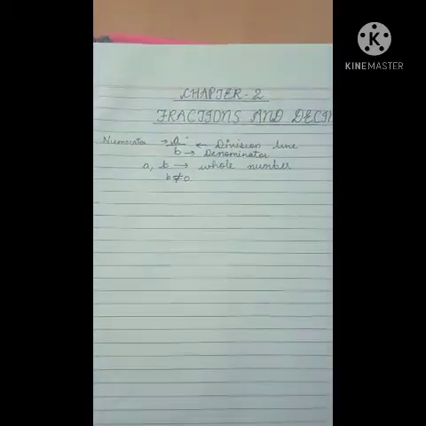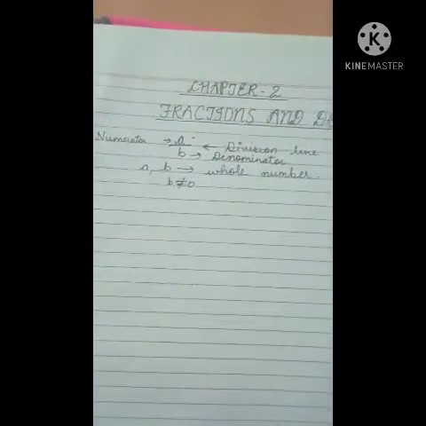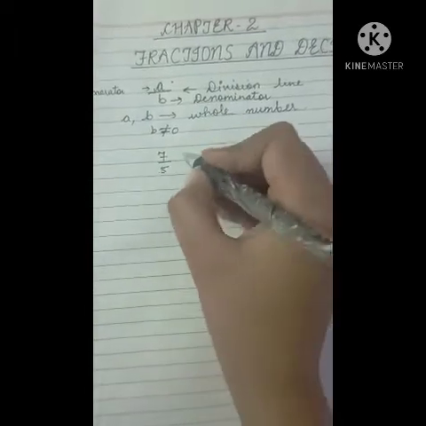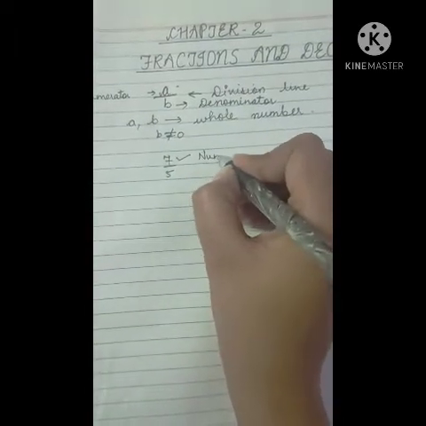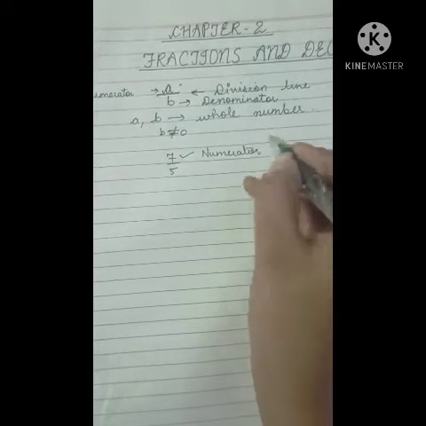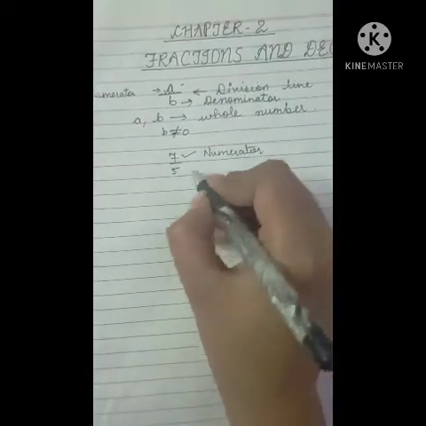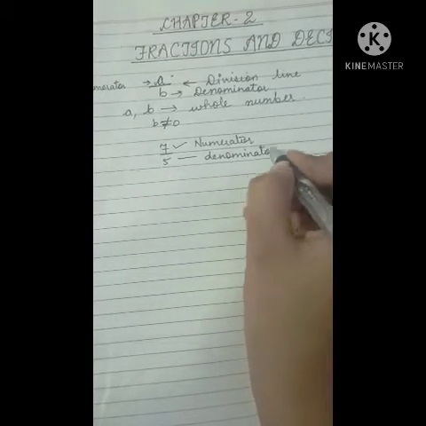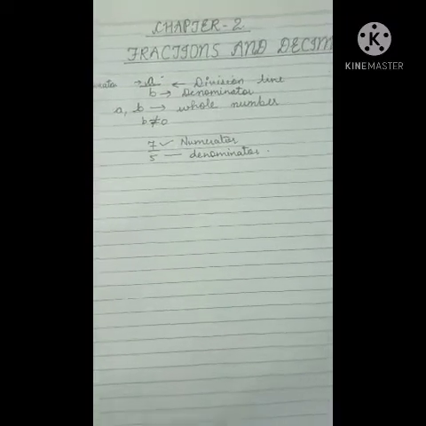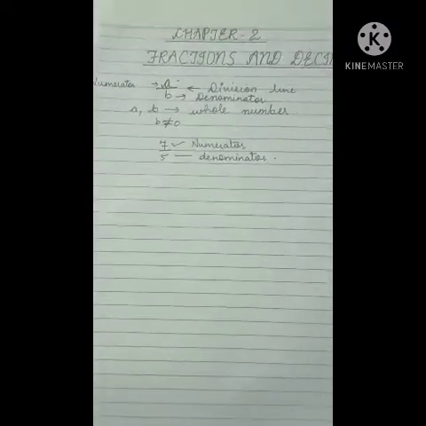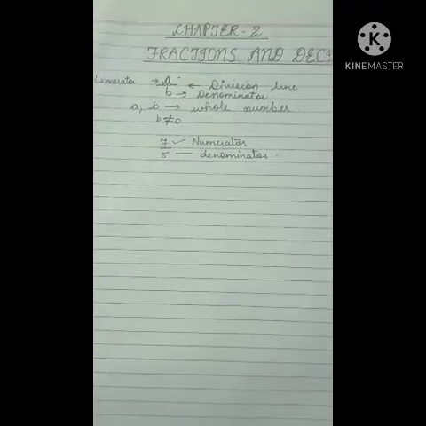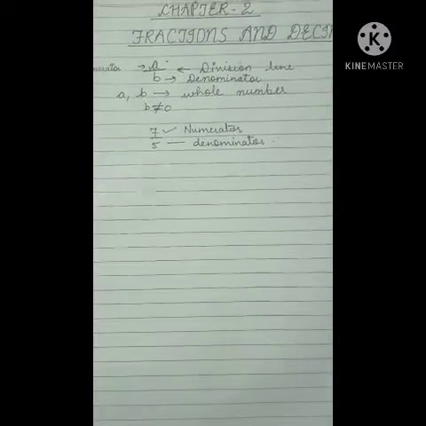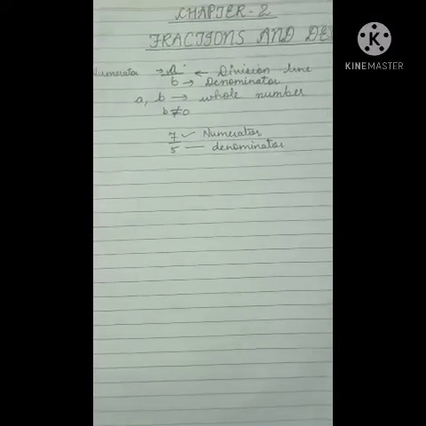For example, suppose we have 7 by 5, so 7 is the numerator and the number 5 is the denominator. You have studied these things in your previous classes, so I'm just recalling them again.